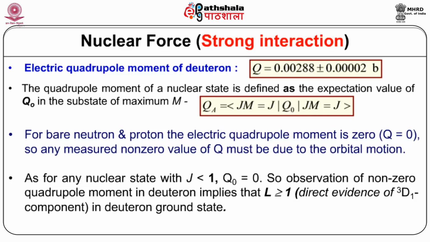So any measured non-zero value of Q must be due to the orbital motion of protons.